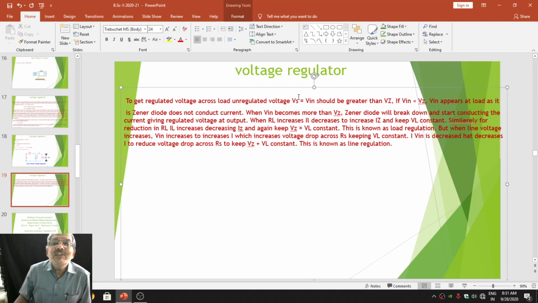That means Vs should be at minimum equal to Vz, or it should be greater than Vz. But if Vin is less than Vz, then Vin appears at the load as it is.